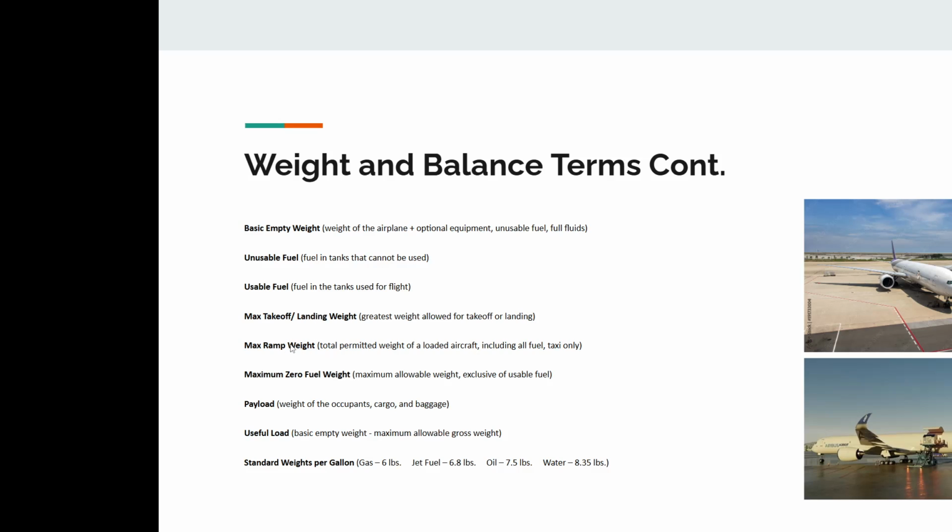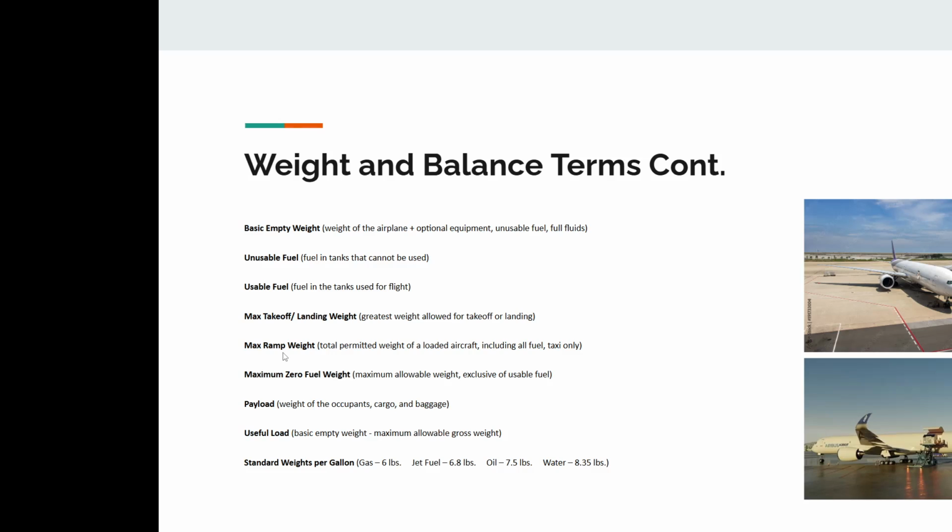But then you also have your max ramp weight, which is essentially the maximum weight the aircraft is permitted, and this includes the passengers, any kind of baggage, of course, and all fuel, and this is only for taxiing purposes. That's it. You can't take off or land with this kind of weight.